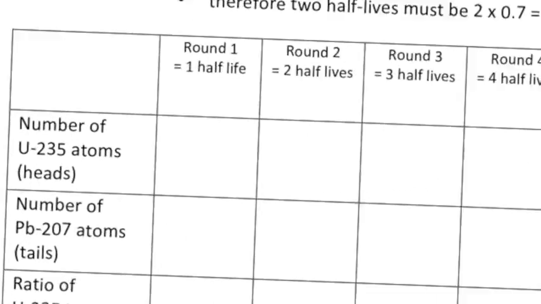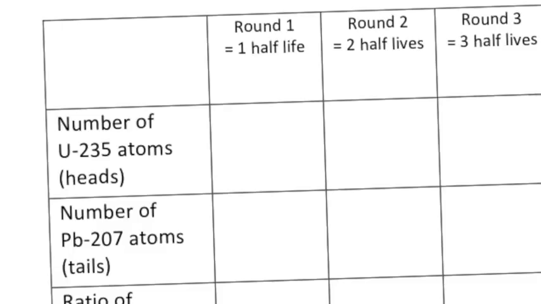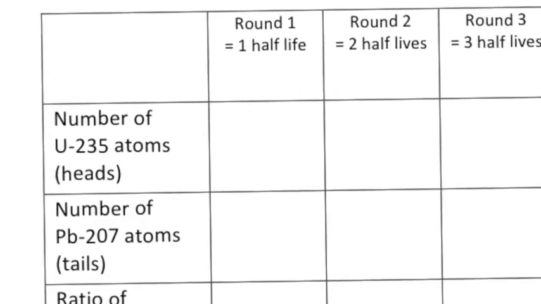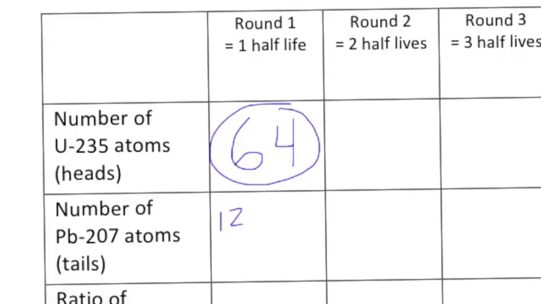Okay, so in round 1, number of uranium-235 atoms, remember we're dealing with expected, would be 64. Number of lead-207 atoms, if you had 64 of the 128, so you take 128 minus 64, you're going to have had 64 tails that you would expect as well.